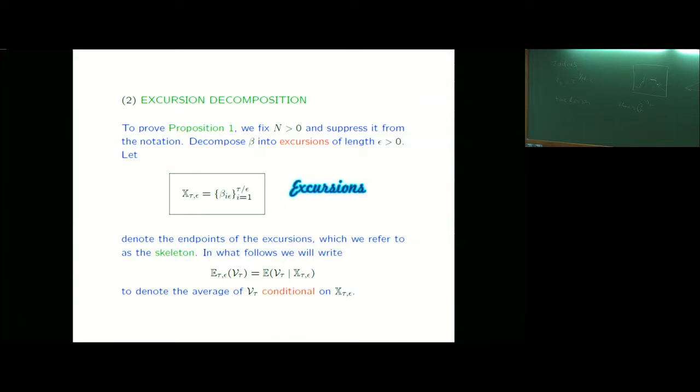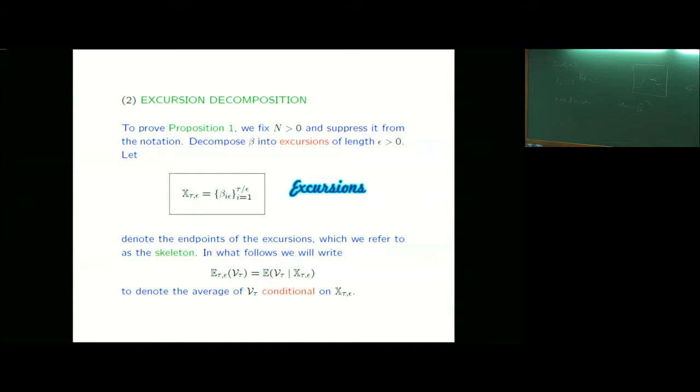Okay, I'm going to introduce a notation. If I write E_{tau,epsilon}, it means that I'm going to take the expectation over everything that is in between the excursions, conditional on the skeleton.